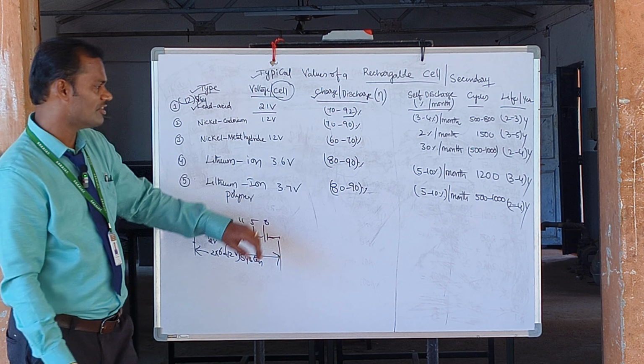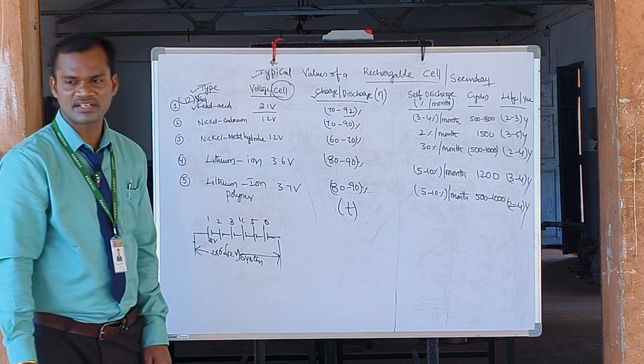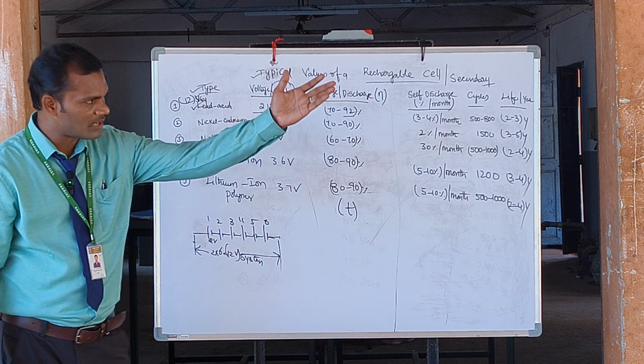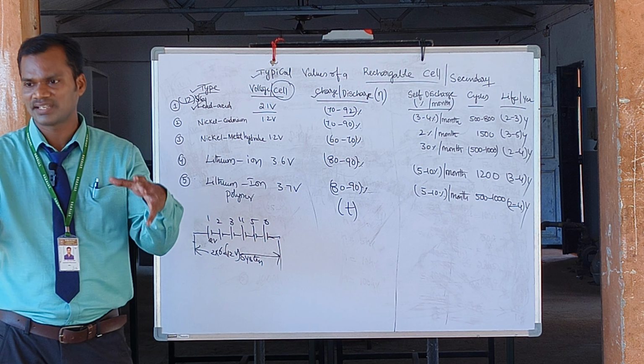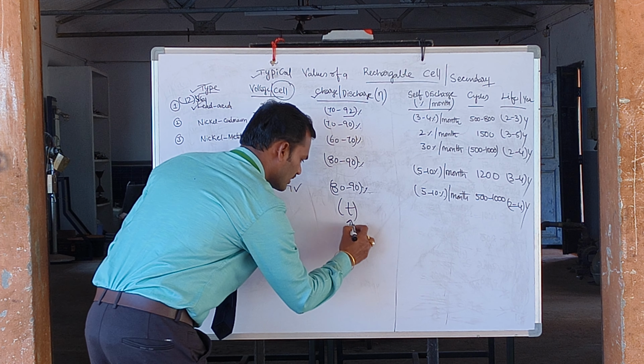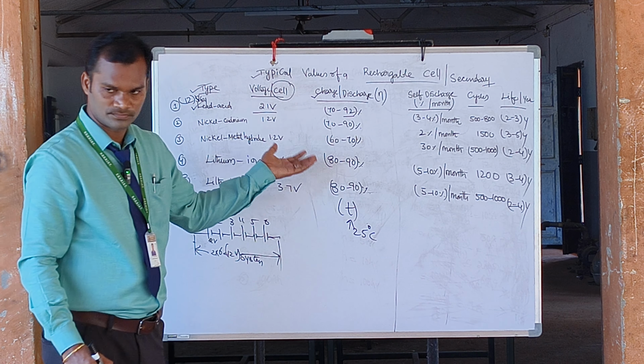This efficiency will change with respect to temperature. That's why we are supposed to keep batteries under air conditioning. You can see the batteries we have in our campus are kept in an air conditioner. When you maintain them with a temperature of 25 degrees, they can perform better.